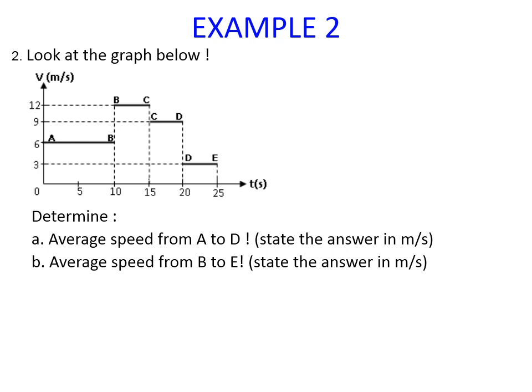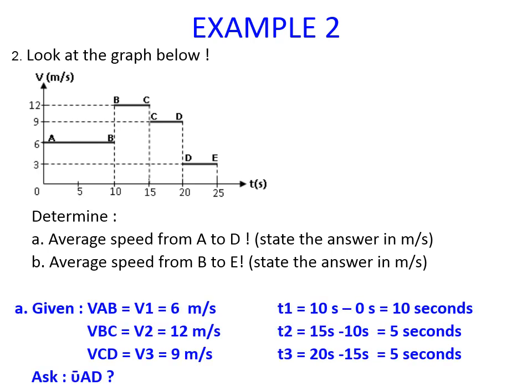From the information from the graph, we can get, for question A, given VAB equals V1 equals 6 meters per second. T1 equals 10 seconds minus 0 seconds equals 10 seconds. VBC equals V2 equals 12 meters per second.